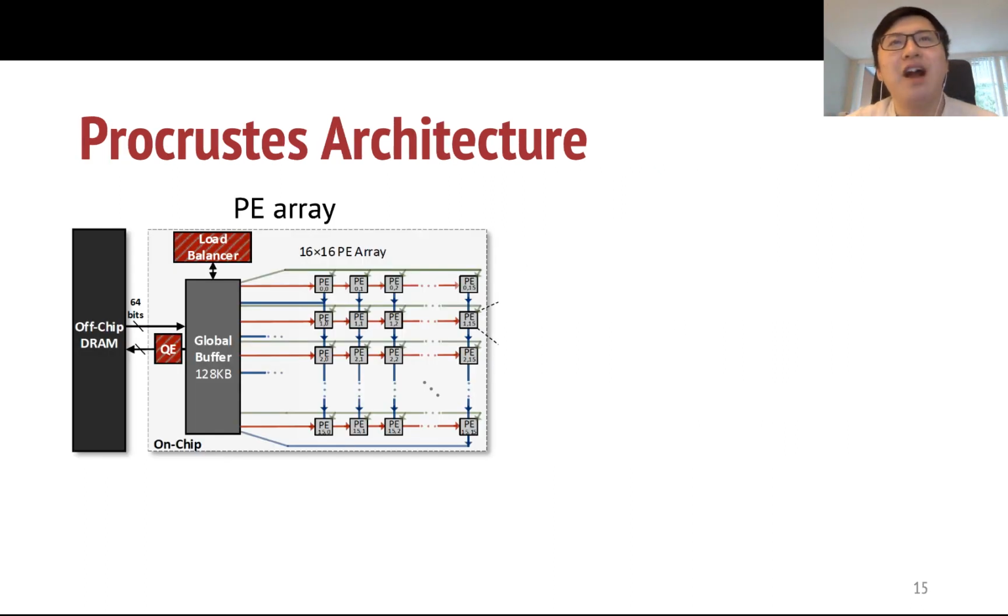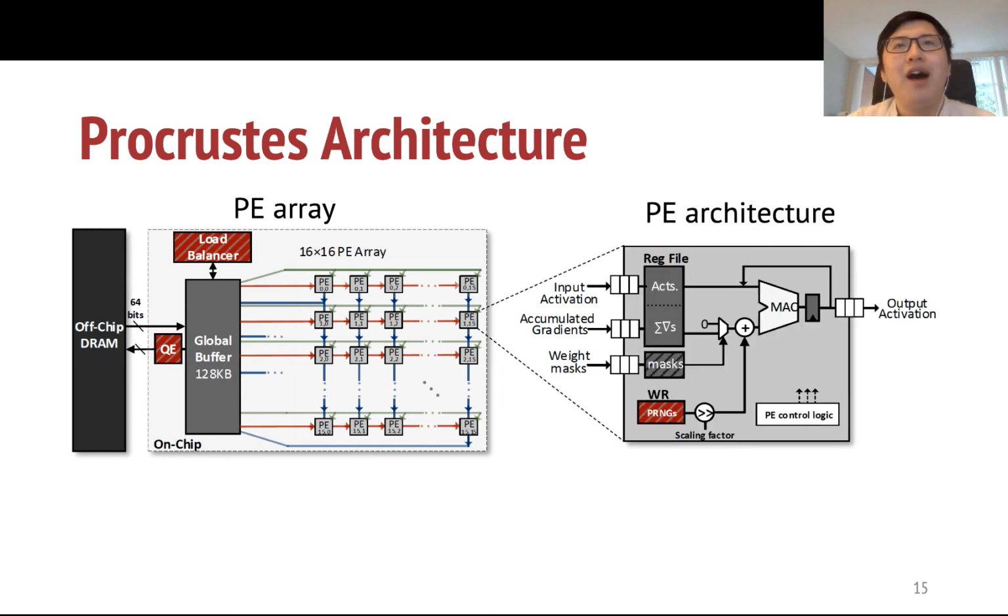Our Procrustes architecture is shown here. We use a generic 2D PE array architecture with three simple one-dimensional pipeline interconnects for weights, input activations, and partial sums. Additional structures like the load balancer and quantile estimation unit are marked in red. Our PE architecture is shown on the right.